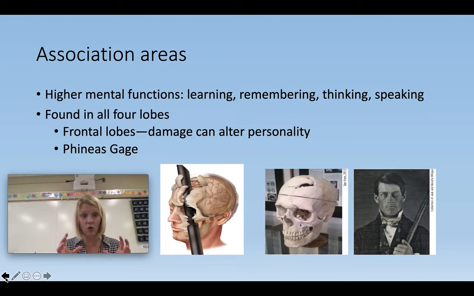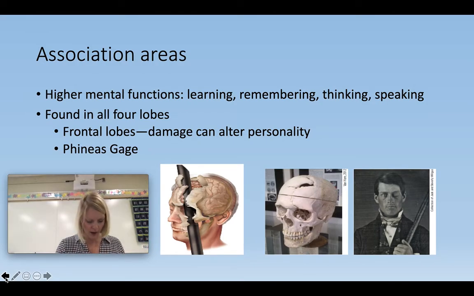It's in the frontal lobe that we see the most damage. There's a lot of correlation between frontal lobe misfiring or damage, if it was trauma, and personality, and how mood and judgments are made.